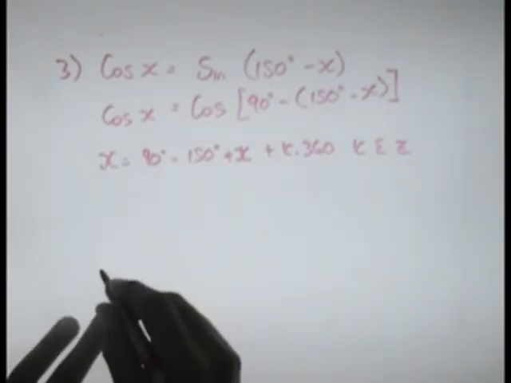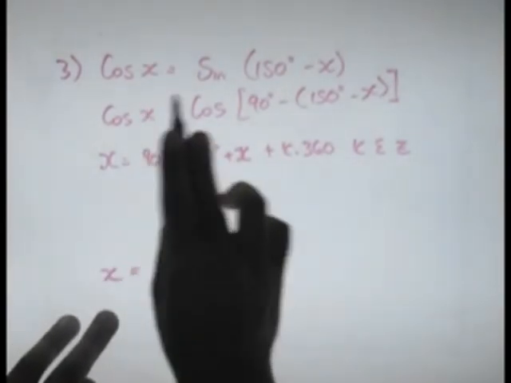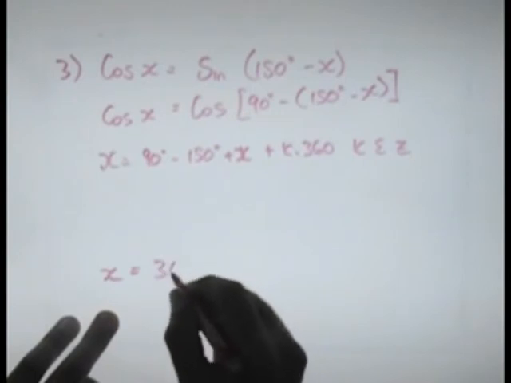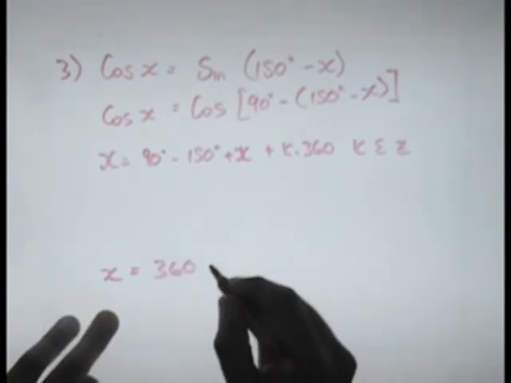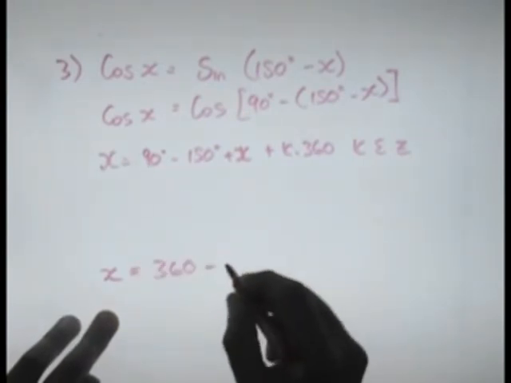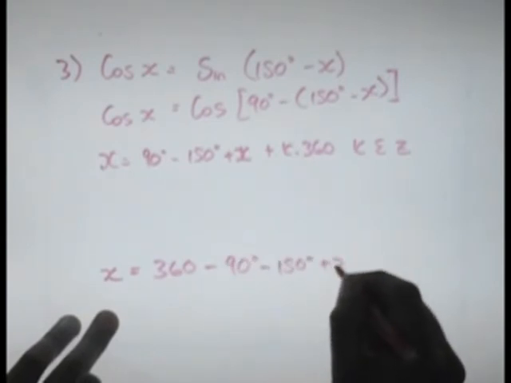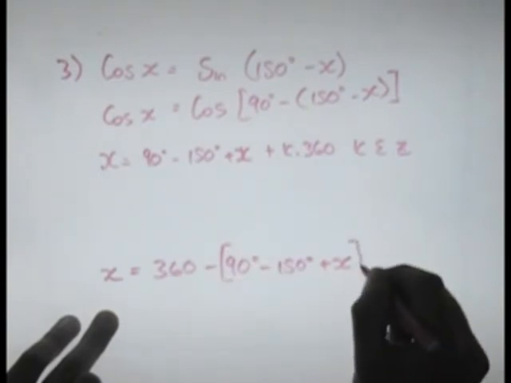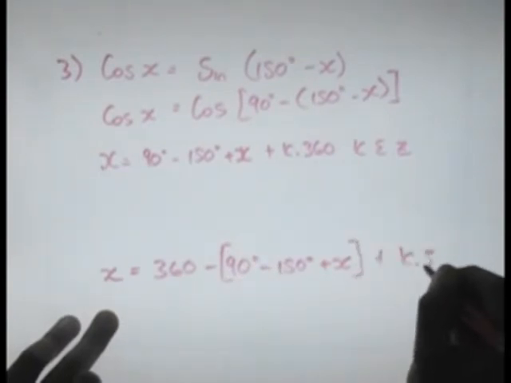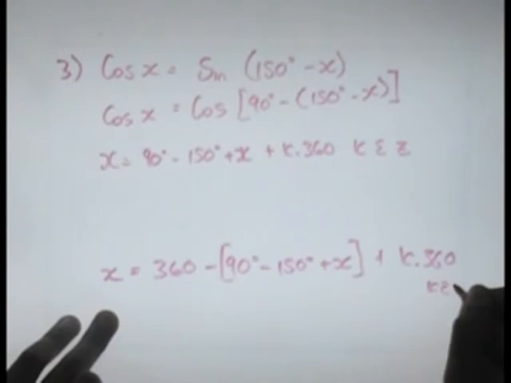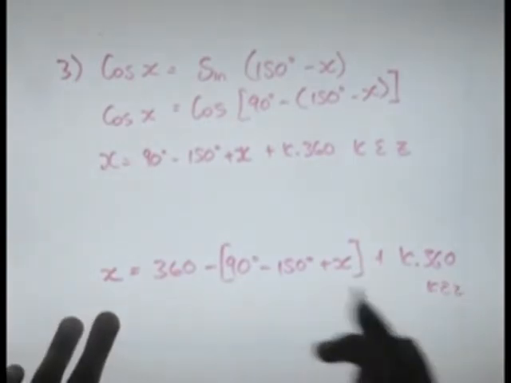The other possible answer: where else is cos positive? Cos is positive in the 4th quadrant, so that will be 360 degrees minus (90 degrees minus (150 degrees plus x)) plus k times 360, k an element of integers.